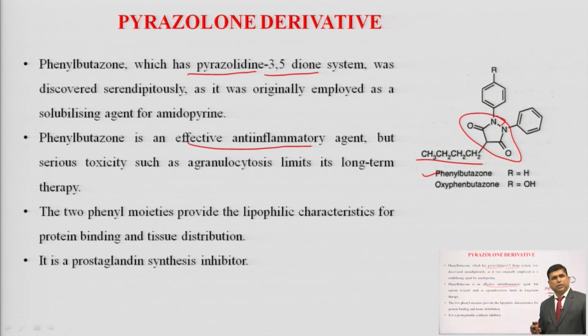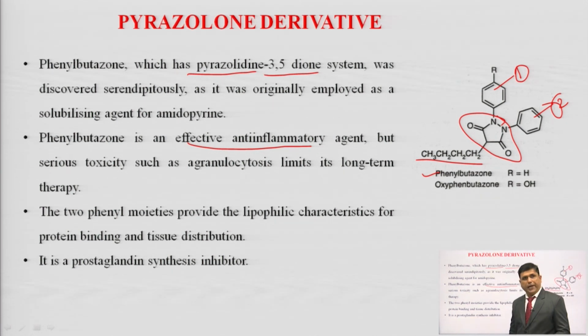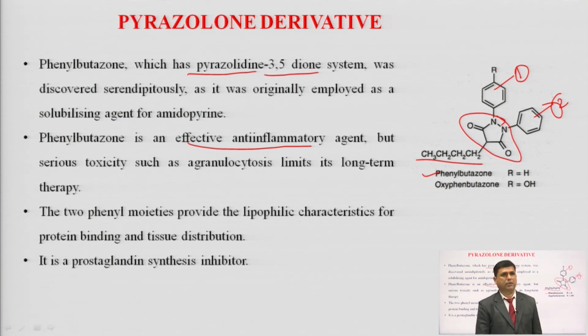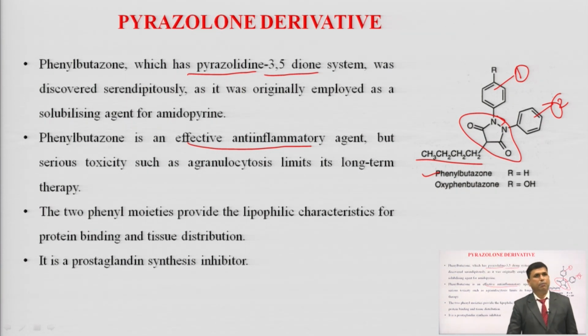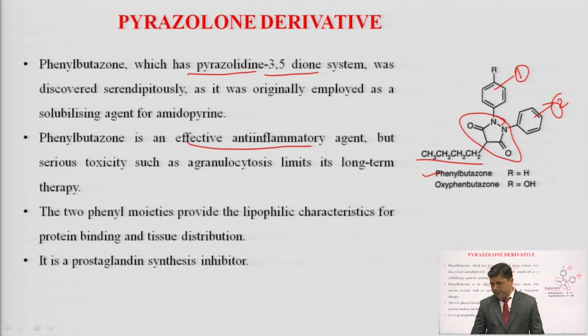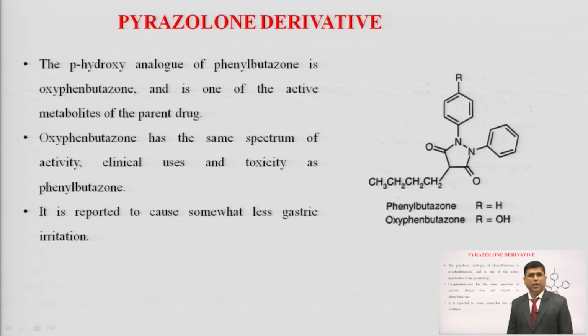In the structure of these pyrazolone derivatives there are 2 phenyl groups. The 2 phenyl groups provide the lipophilic characteristics for protein binding and tissue distribution. It is a prostaglandin synthesis inhibitor, that means it blocks the action of cyclooxygenase.